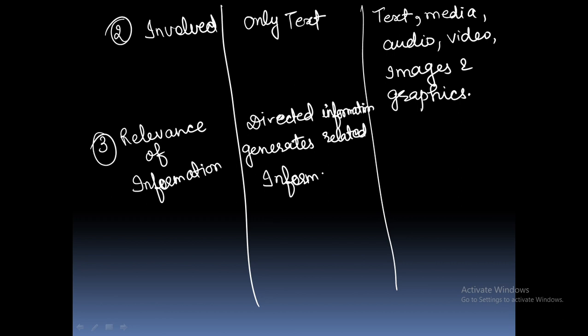In hypertext, information generates related information. Means text generates new text. Means hypertext directed information generates related information.